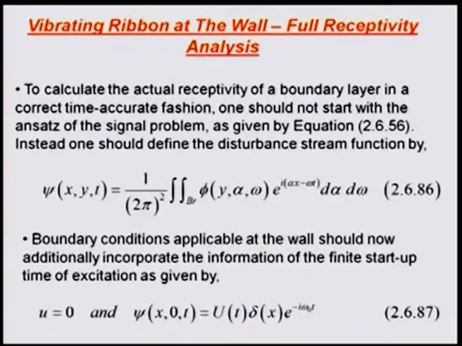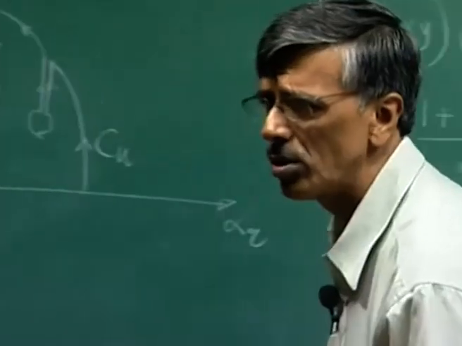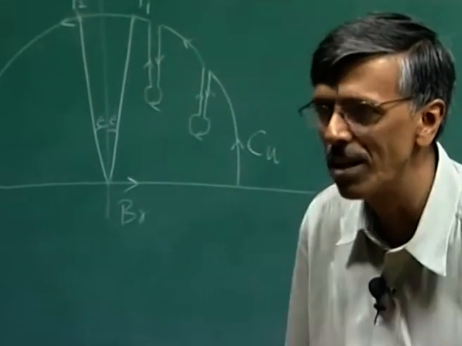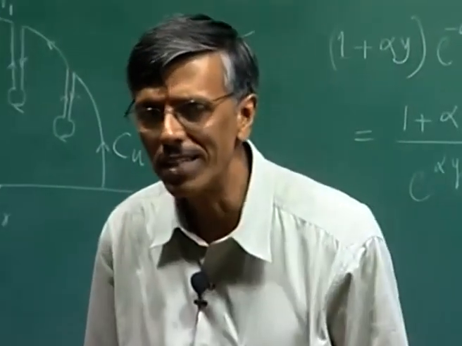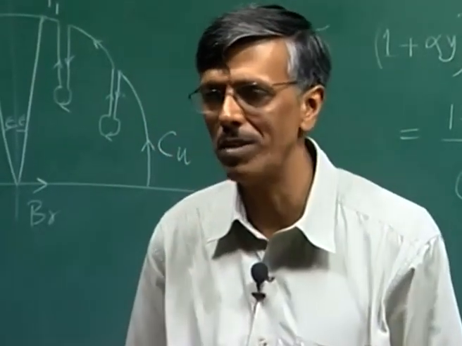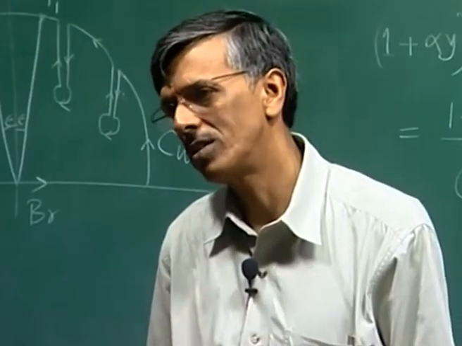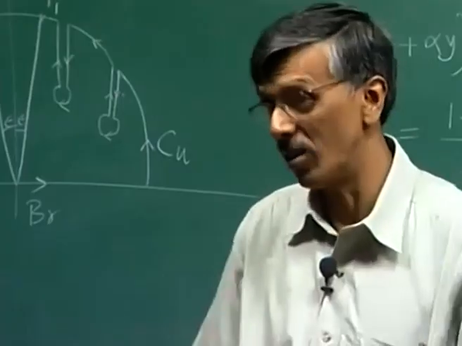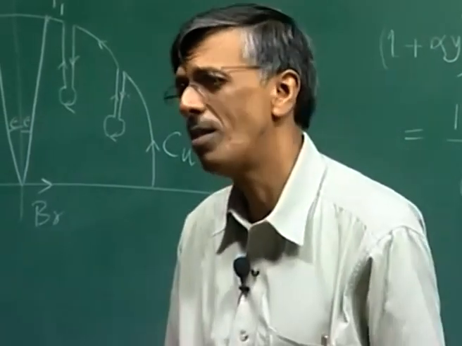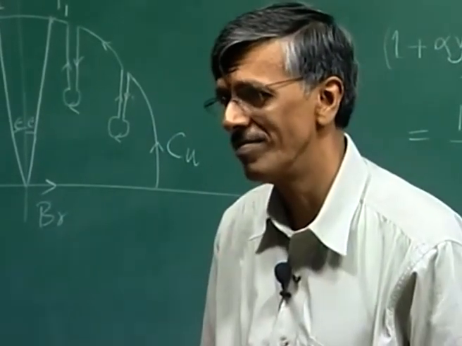Now, so far what we have done is we have talked about the so-called signal problem. We excited the fluid dynamical system at a frequency omega naught. We also got the response as omega naught. That was our assumption. Suppose we don't make that assumption.